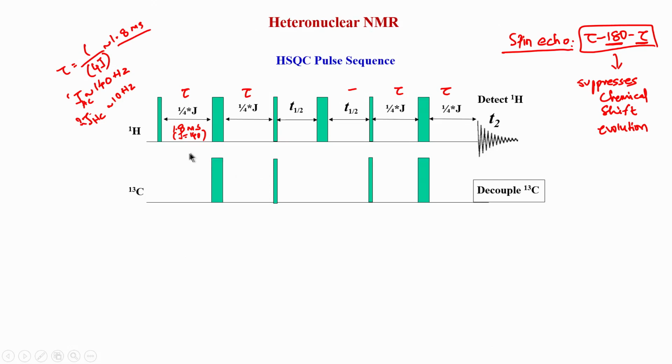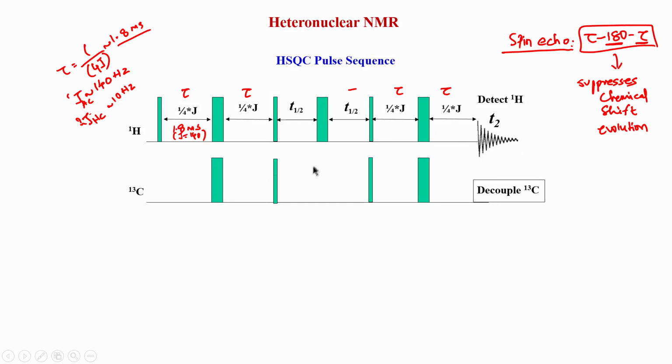So, this delay, 180, delay followed by these pulses, we call this the INEPT experiment, this entire block here. Okay. That is INEPT because now that has brought the magnetization from proton to carbon using the J coupling. The J coupling was a crucial factor here. So, after it has come here, it evolves and then it is transferred back.